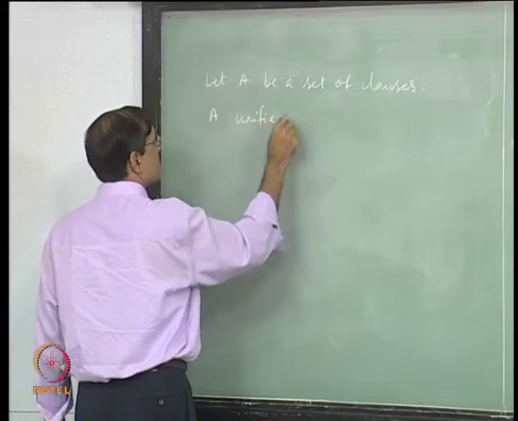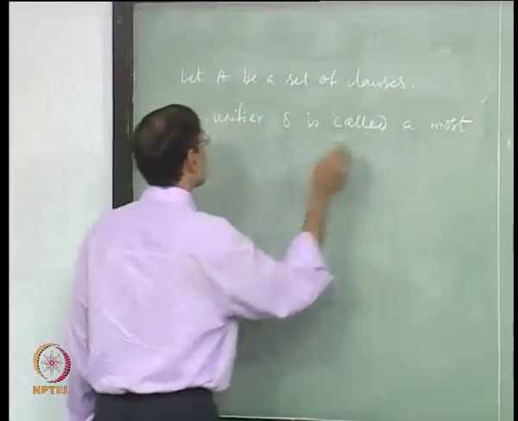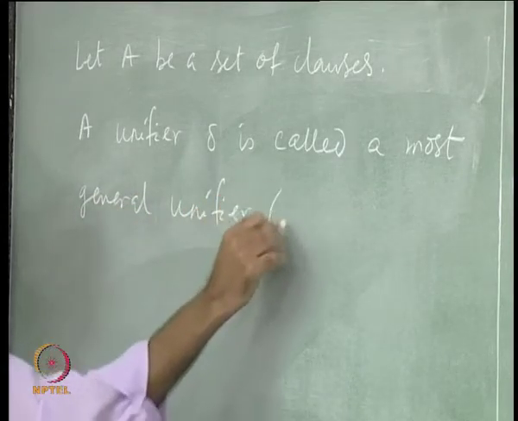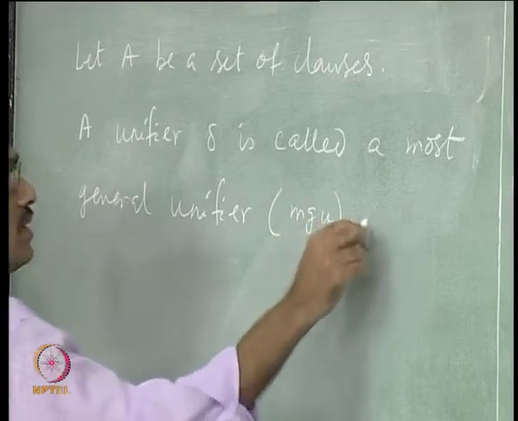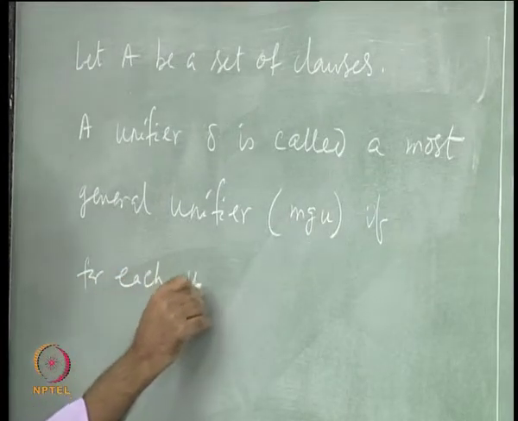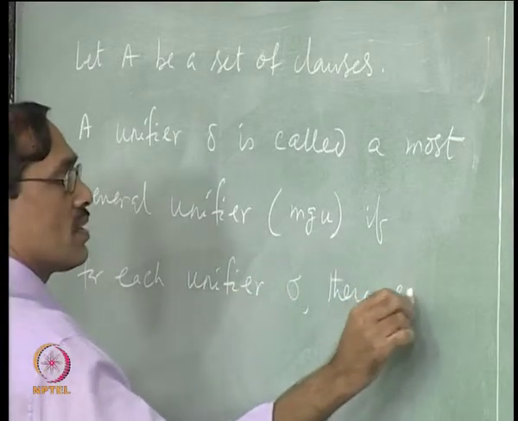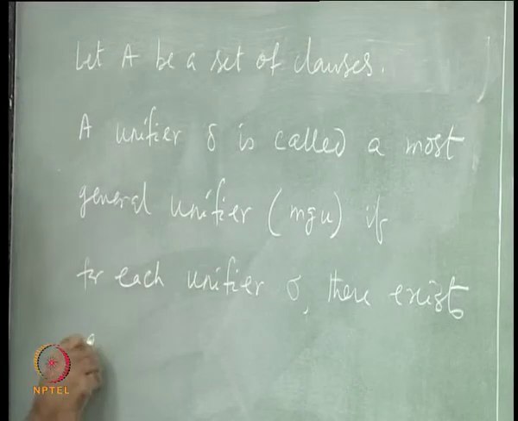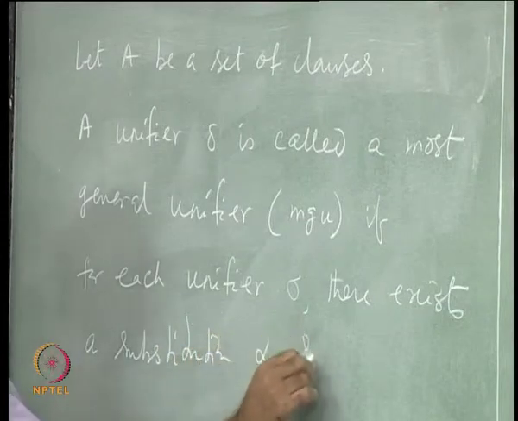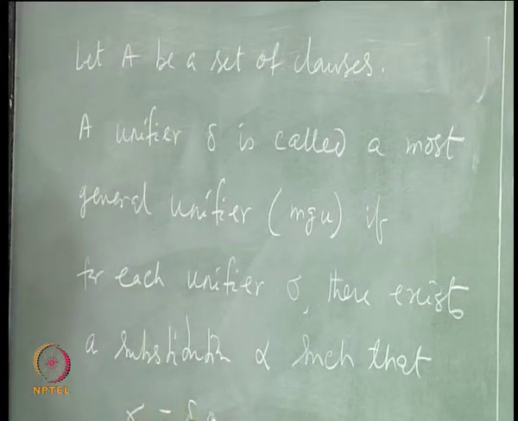Unifier delta is called a most general unifier, or let us say MGU, if for each unifier sigma there exists a substitution alpha such that sigma equal to delta composed with alpha.